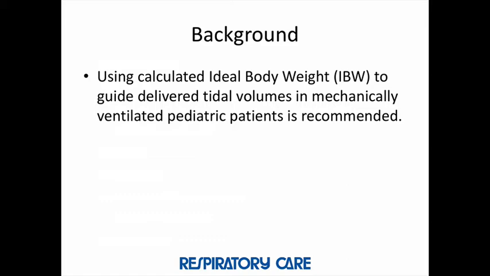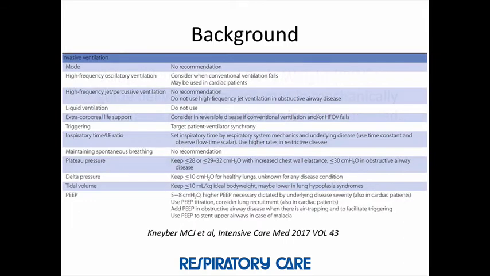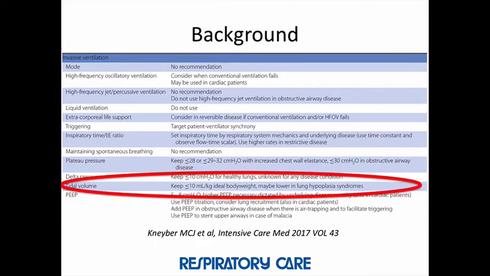And in fact, even in the most recent summit on pediatric ventilation at the end of 2017, under their recommendations for invasive ventilation, they include for tidal volume to keep the tidal volume less than or equal to 10 milliliters per kilogram of ideal body weight, again indicating that you need to calculate ideal body weight in order to determine the appropriate tidal volume.